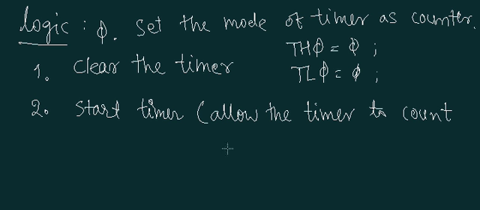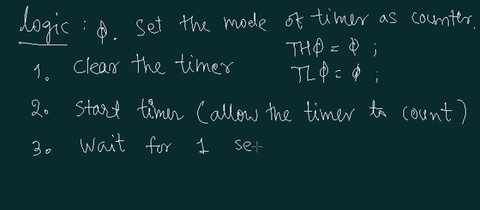Right. So, we forgot that, we add that now. So, step number 0 is set the mode of timer as counter. Which timer? You can decide on your own. We start with timer 0. Then second is clear the timer, then start the timer. When we start the timer, it will be allowed to do counting. Counting will start, then wait for 1 second.